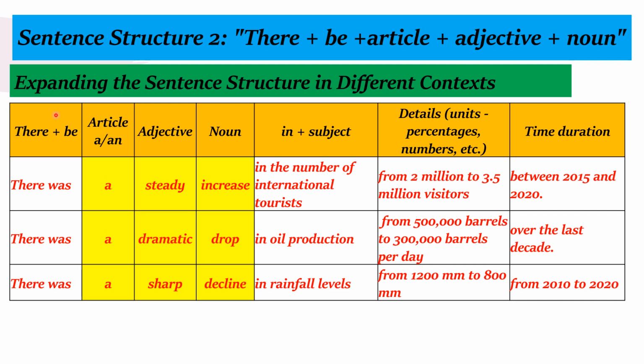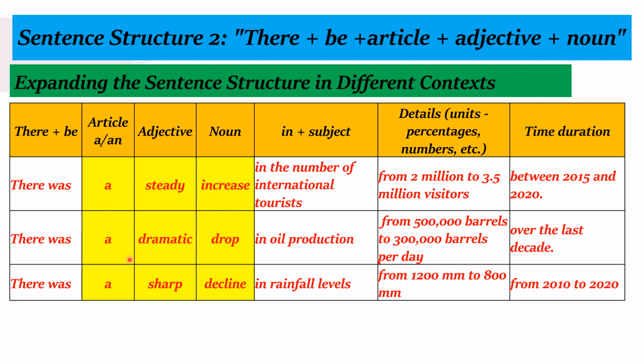Now notice the article plus adjective plus noun combinations in these sentences. A steady increase, a dramatic drop, a sharp decline. It's important to expand your vocabulary and use different adjectives and nouns for variety. For example, instead of a steady increase, you can say a gradual rise or a gradual improvement.